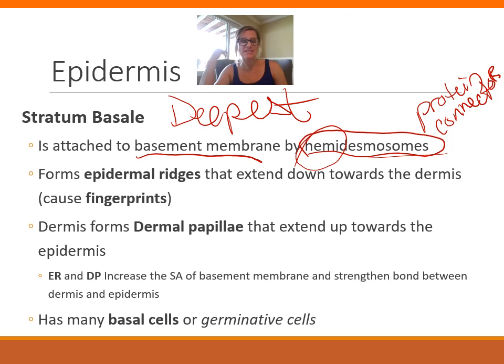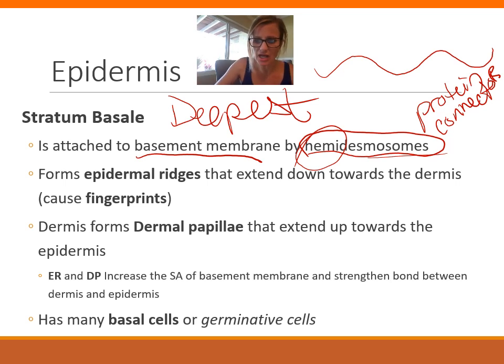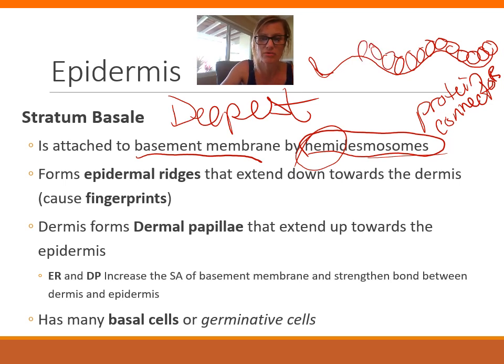I think of it like a staple. So we have this curvy line, right? And that curvy line we'll say is the basement membrane. And then we have our basal cells, the cells that are present in the stratum basale. And we want them to be firmly attached, right? We don't want the layers to separate from each other and create little bubbles. We want them to be really strongly attached to each other.